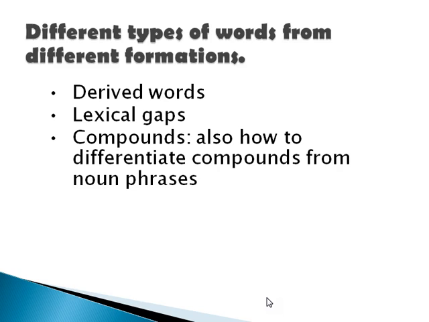A white house, any house painted white, is a noun phrase. This expression, white house, is a noun phrase in which the core, the head, is a noun. I have white and house, both are nouns, but house is the core of this noun phrase.